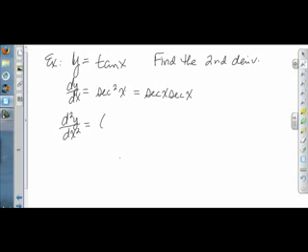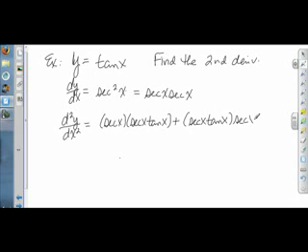It's just been one of those days. Okay, taking the derivative with respect to x then of secant x times secant x. First factor times the derivative of the second factor, plus the derivative of the first times the second.